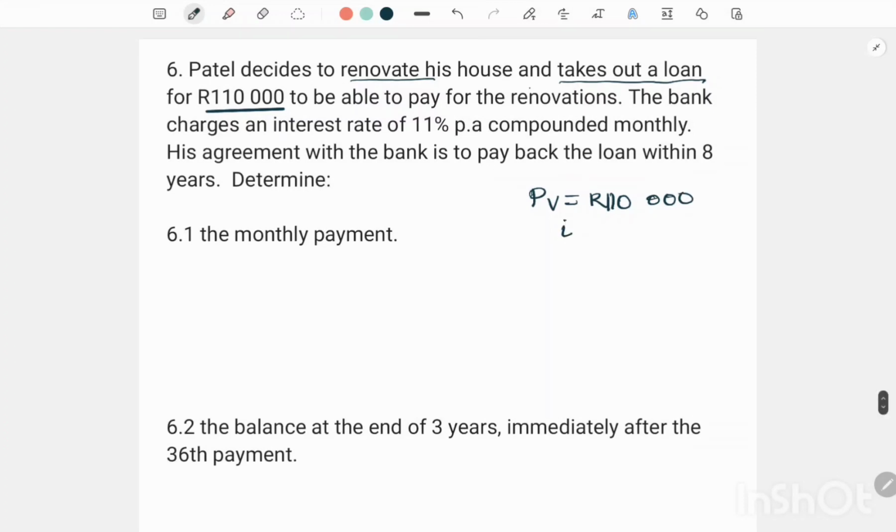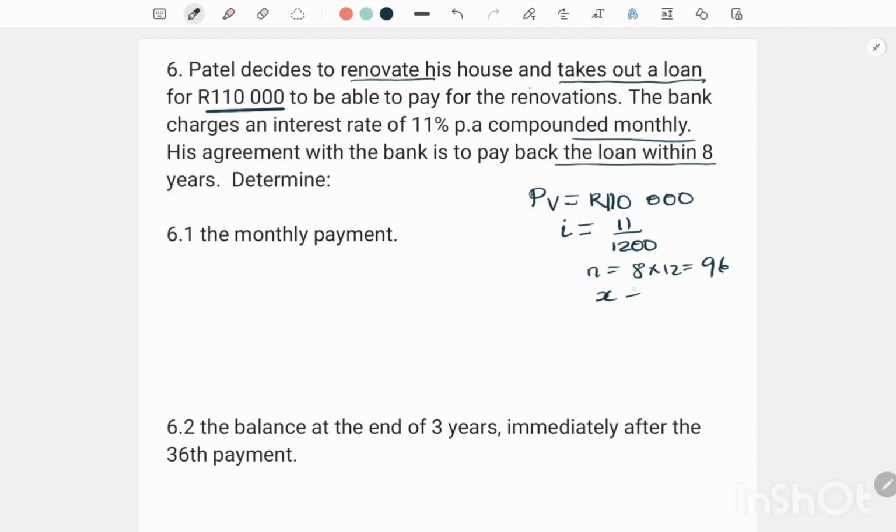Then the interest is 11 over, it's compounded monthly, 1.2. And then his agreement with the bank is to pay back the loan within 8 years. So it's going to be 8 times 12, which is 96. So he must do 96 payments.